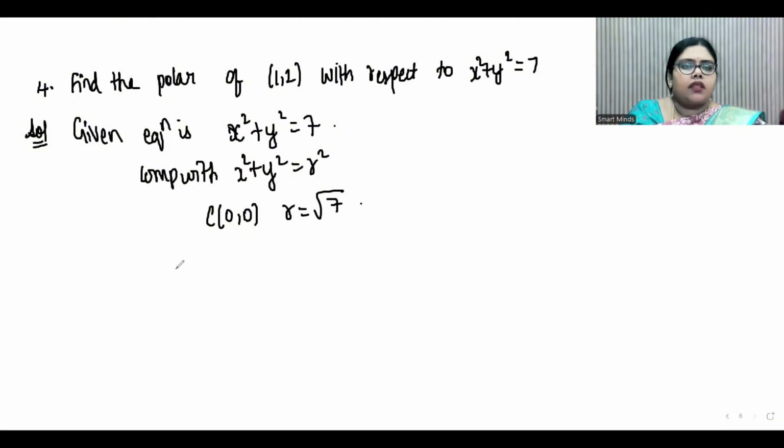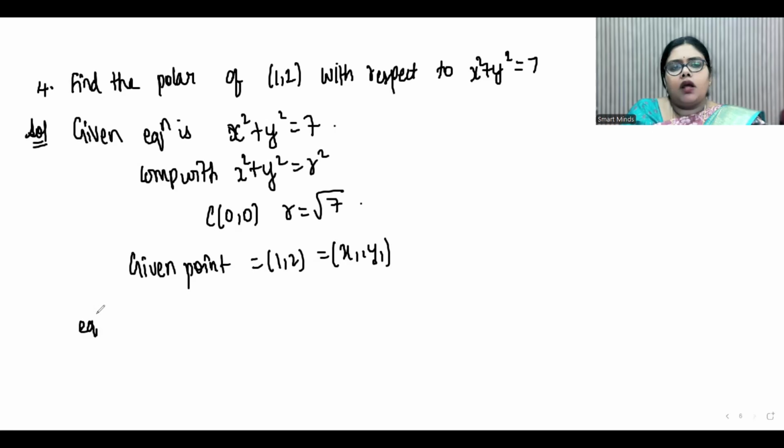Okay. And what is the given point? Given point is 1, 2. Take this as x1, y1. Now what is equation of polar? Equation of polar is S1 is equal to 0.